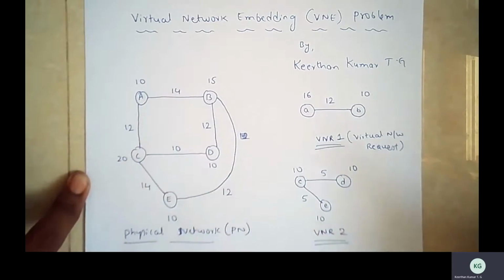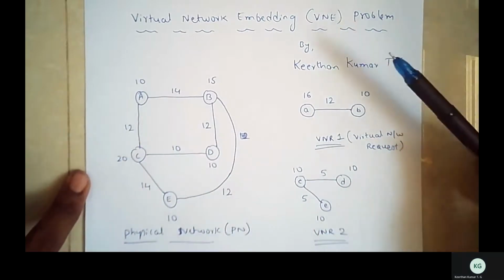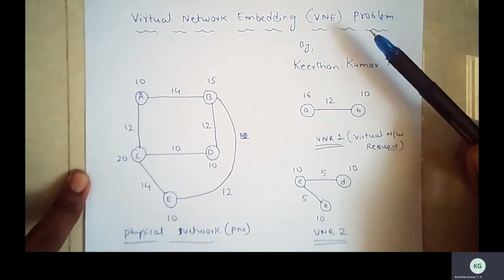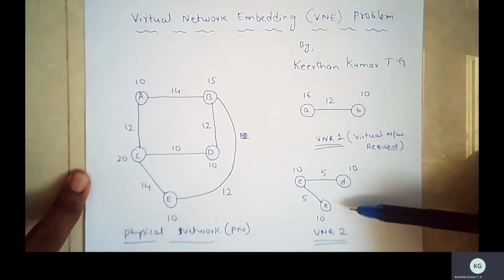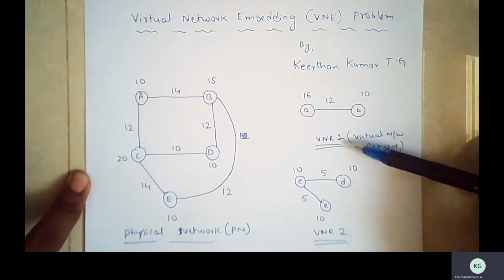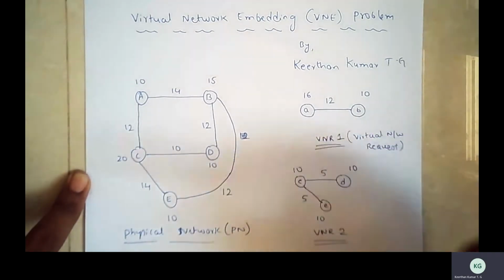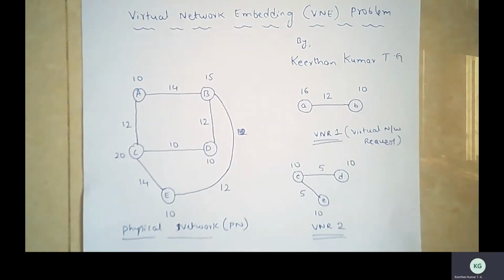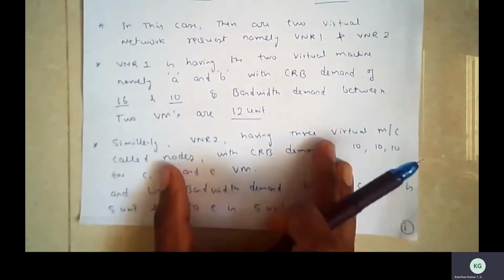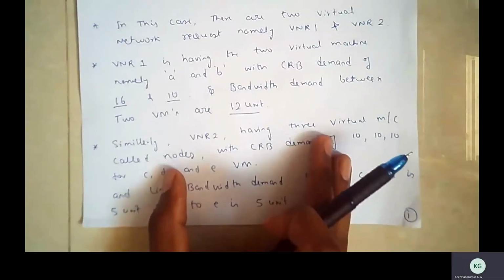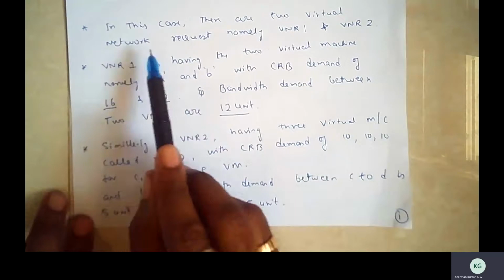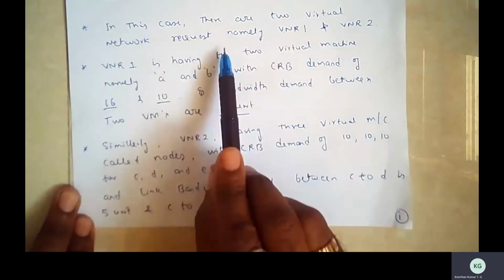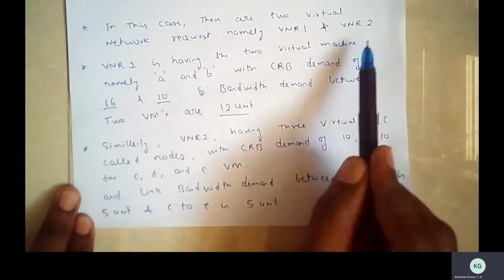Now, coming to the VNE. The VNE problem corresponds to mapping these two requests, VNR1 and VNR2, on top of the physical network. It is called the virtual network embedding problem. I hope it is clear. Here, there are two virtual network requests, namely VNR1 and VNR2.